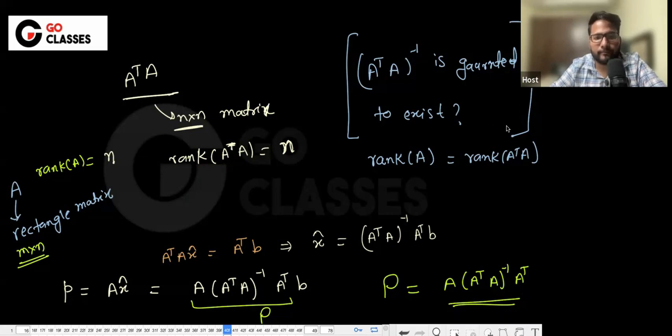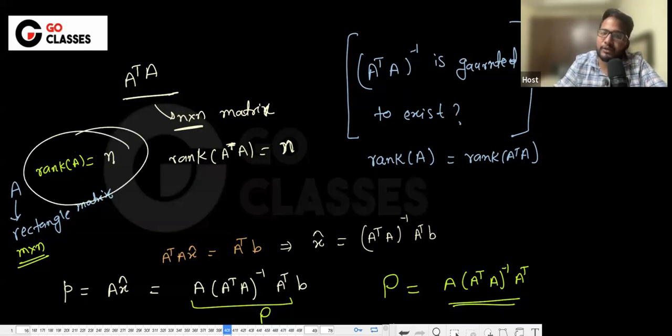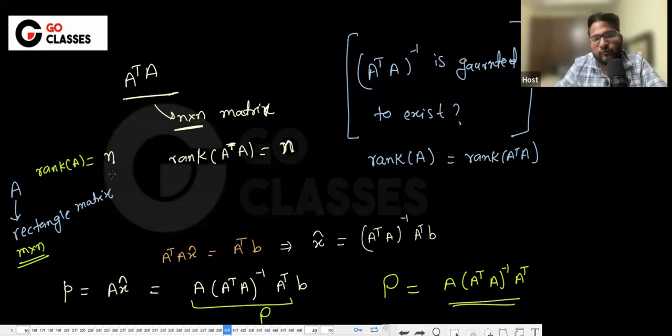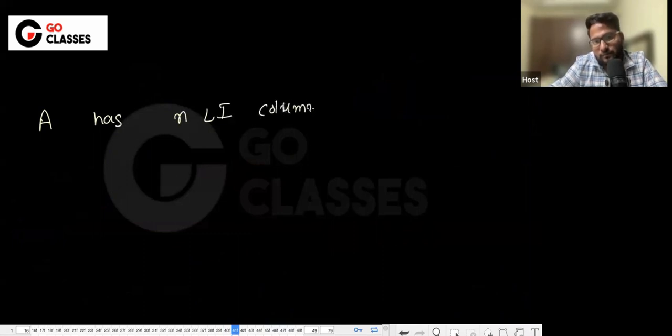Okay, inverse always exists. If A is having rank n, then A transpose A is having rank n. And when will A have rank n? Whenever A has n linearly independent columns. If it is having a basis, the basis is definitely linearly independent.